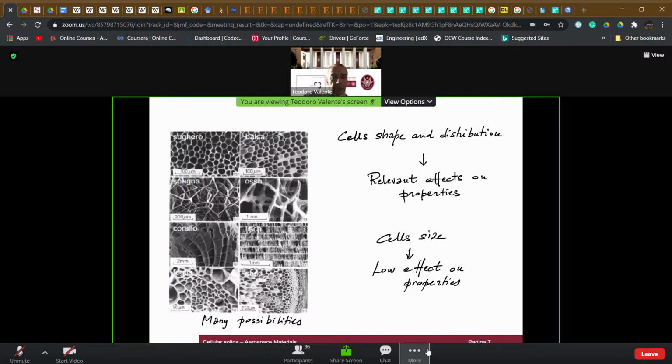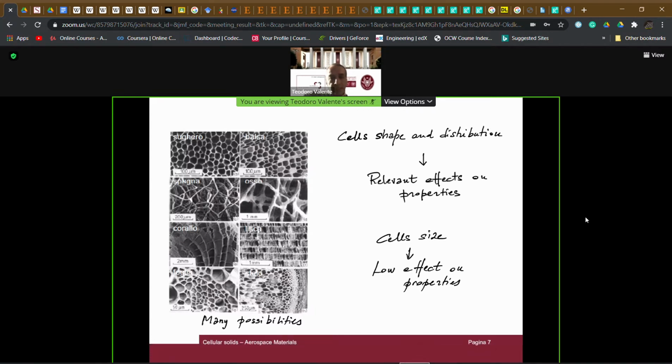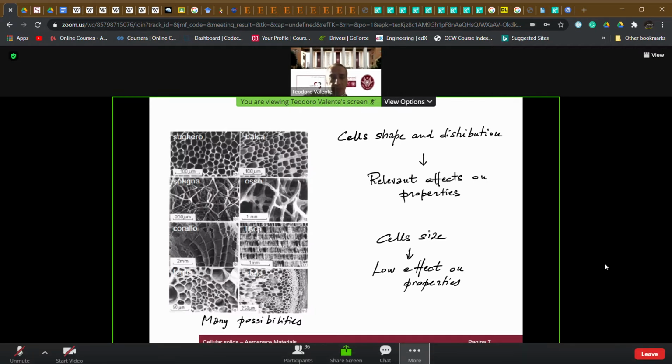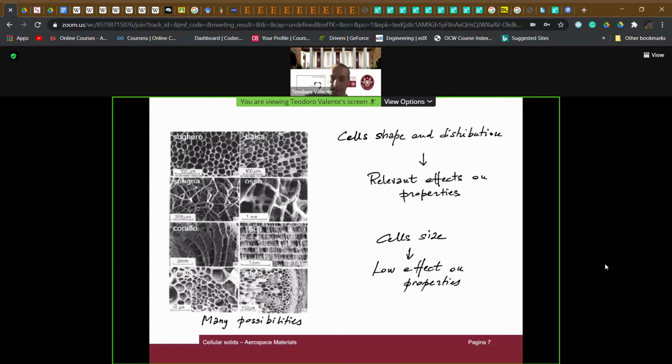So we need now to go a little bit inside the capability of modeling the expected overall properties of the cellular solids. But before touching this topic, let's have a look at one possibility.